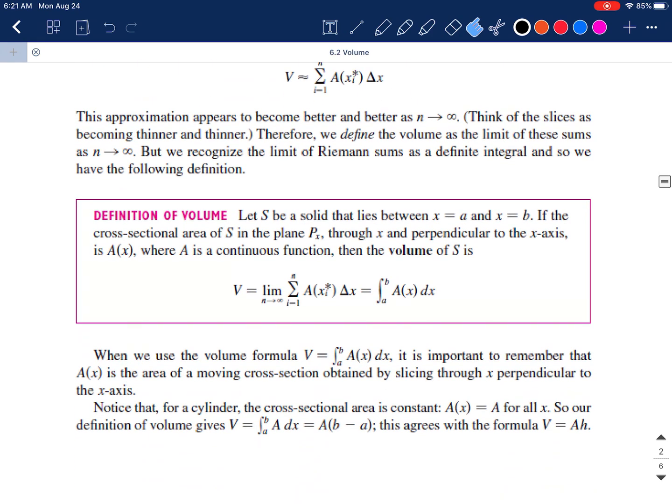The key for us, of course, is that we want to figure out A of x, the area function for the solid that I'm describing. We'll do it with nice figures: equilateral triangles, isosceles right triangles, squares, rectangles, semicircles, and ellipses.